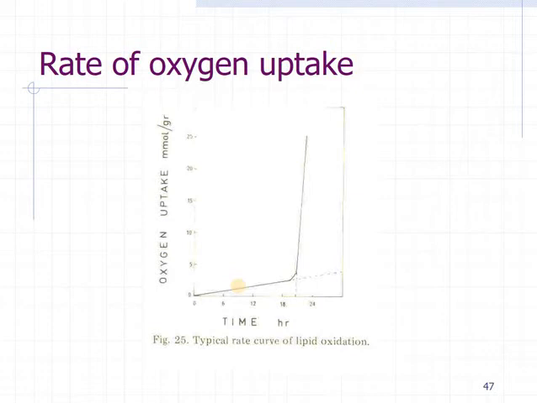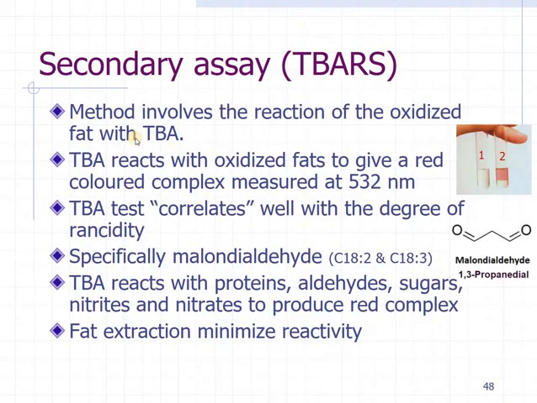The first step, initiation, and then as propagation starts, there are more and more free radicals produced, more and more oxygen required, and then it shoots up because each and every fat in there will definitely be oxidized. So that's a typical curve of lipid oxidation when it comes to the rate of oxygen uptake.